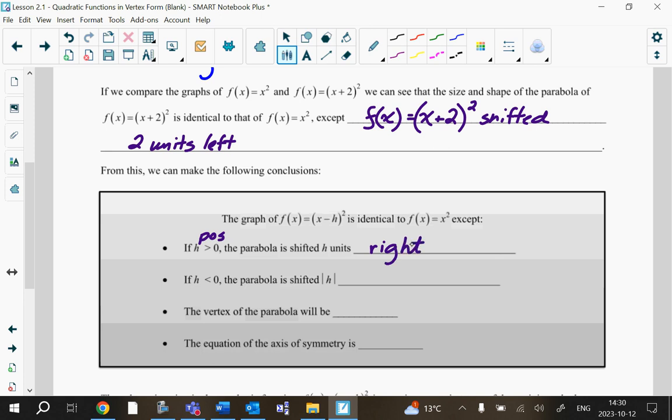If this is negative, well, minus a negative becomes plus, which means it moves to the left. The vertex will always be whatever the value of h is, comma 0. And the equation of the axis of symmetry is always the x-coordinate of the vertex, so it's x equals h.